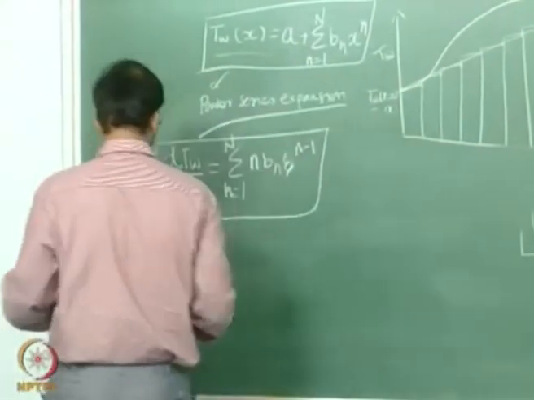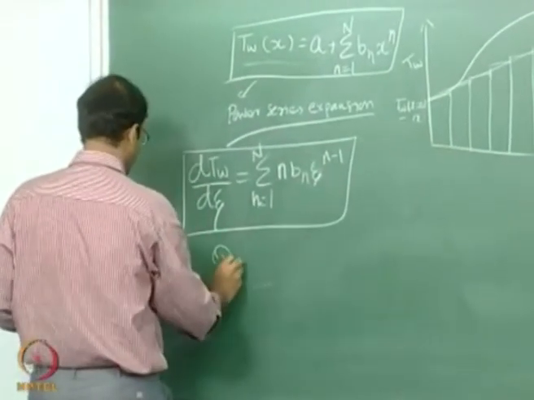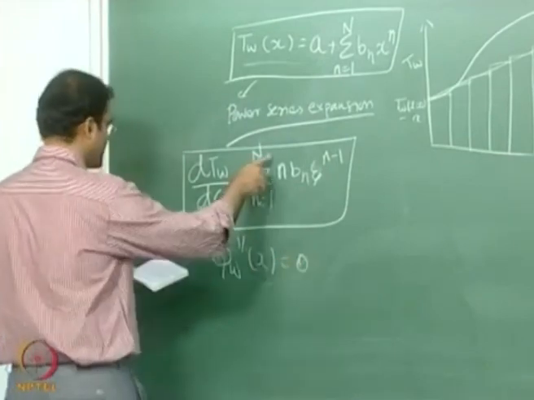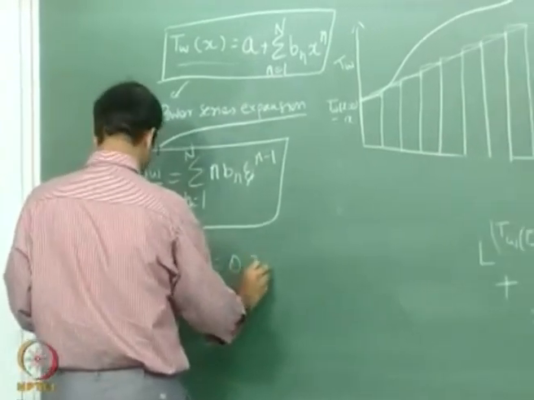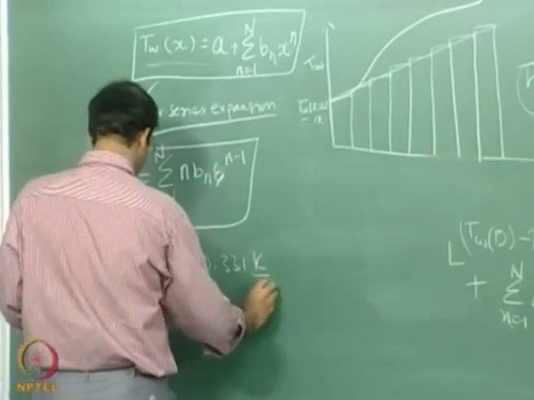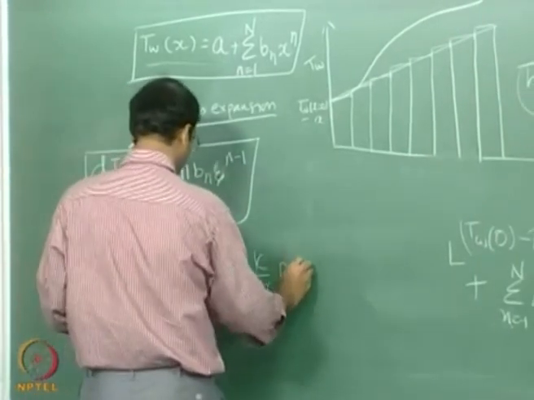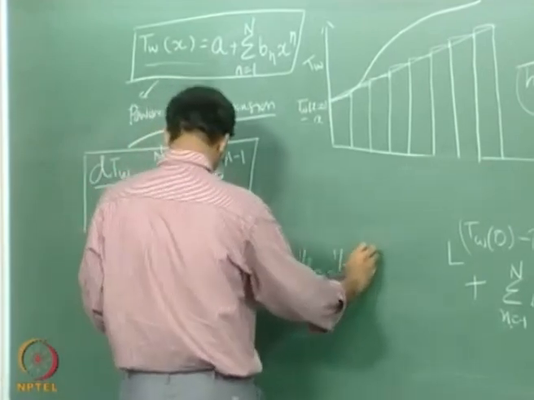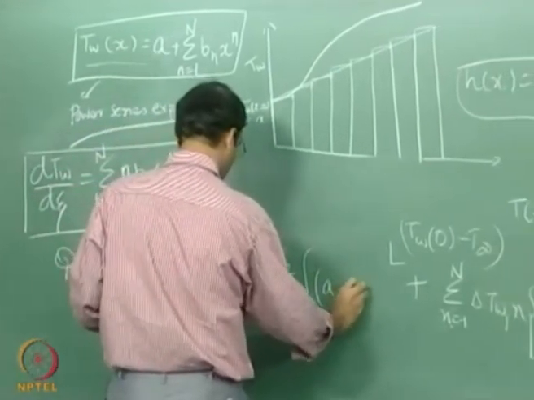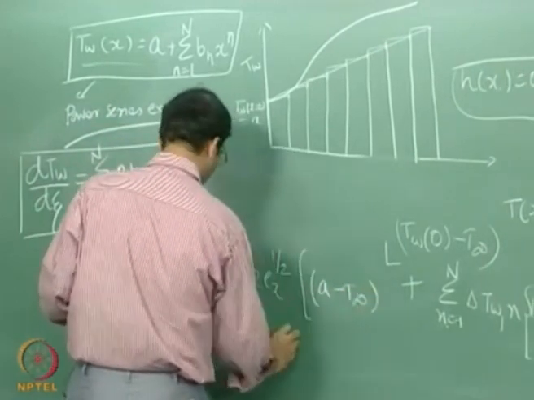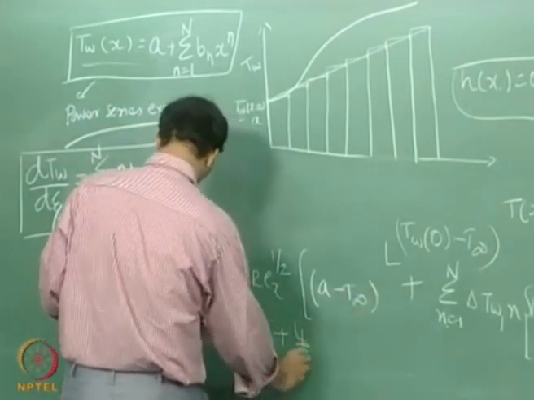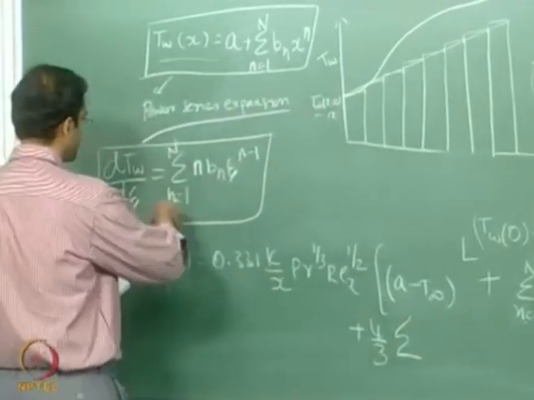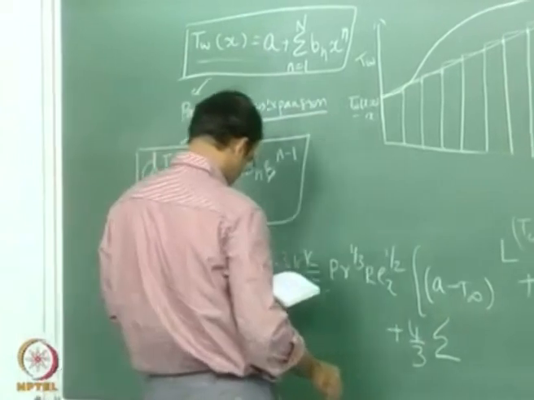If you do that, the resulting expression for the heat flux comes out to be: everything is the same, only you have the summation term, with k by x. Everything up to here is the same except you have the summation term, and everything inside the summation term goes there.